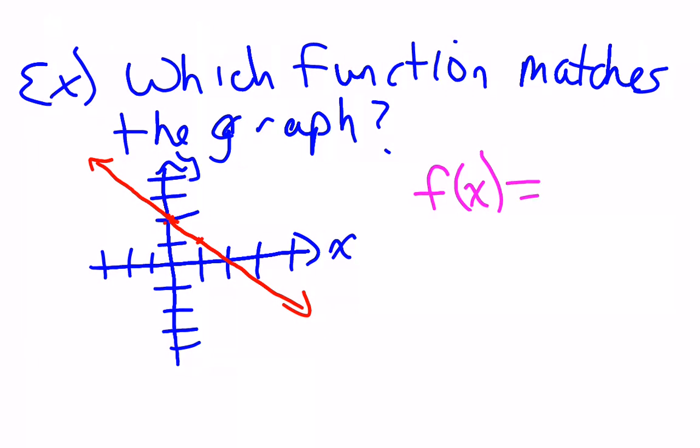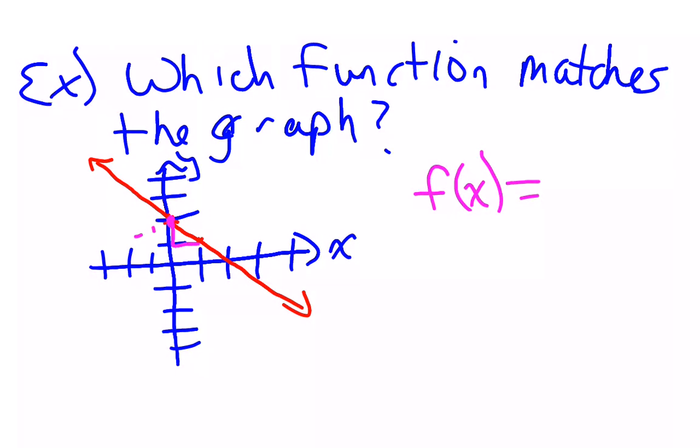So remember, lines can be written in the form of y equals mx plus b. So b is the y-intercept. So if we look there, our intercept is at 2. And then we need the slope. Remember, slope is rise over run. So if we count this from one point to another, it goes down 1.